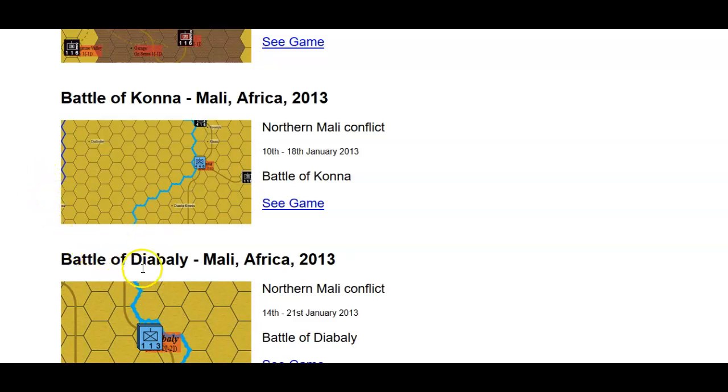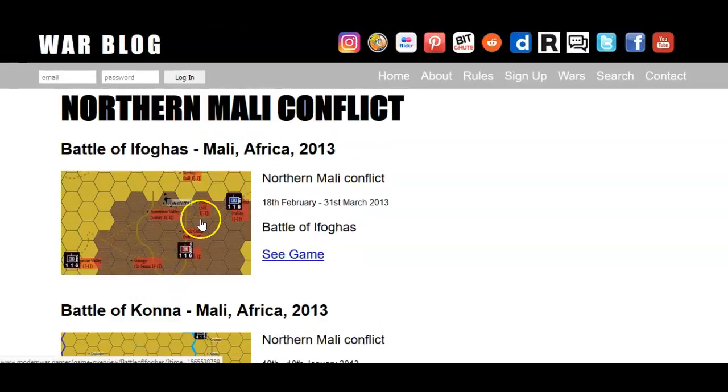So after these two fail, they basically retreat to this Ifagas area, where they're on the defensive, and they're basically wiped out. I say that because it's the words that come to my mind. This was a major loss for the rebel forces.